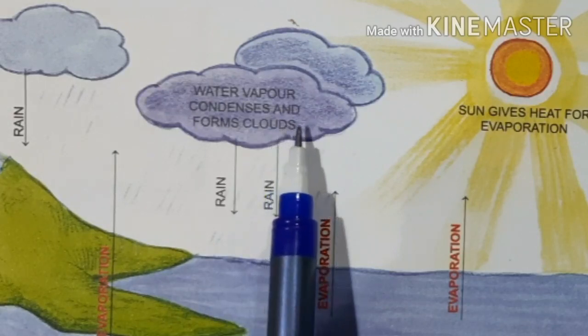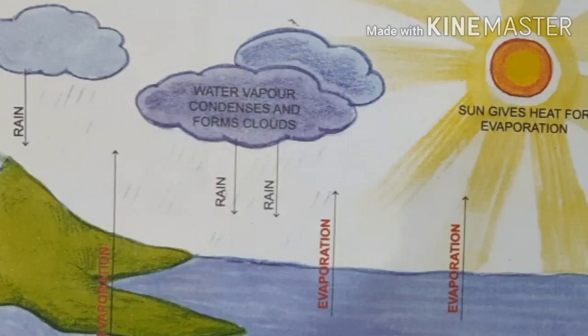That happens naturally. But in the desert region, there will not be any clouds because there are no water bodies to form water vapor and clouds. So in the deserts, it will be hot during the day and very cold during the night.